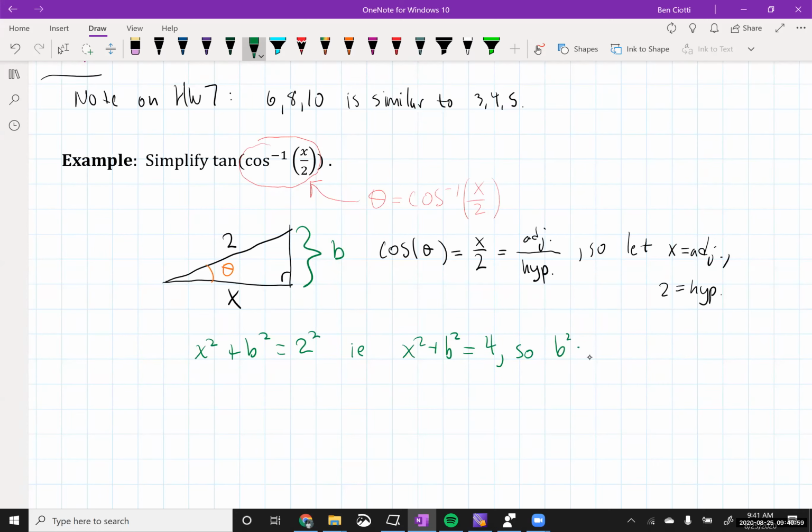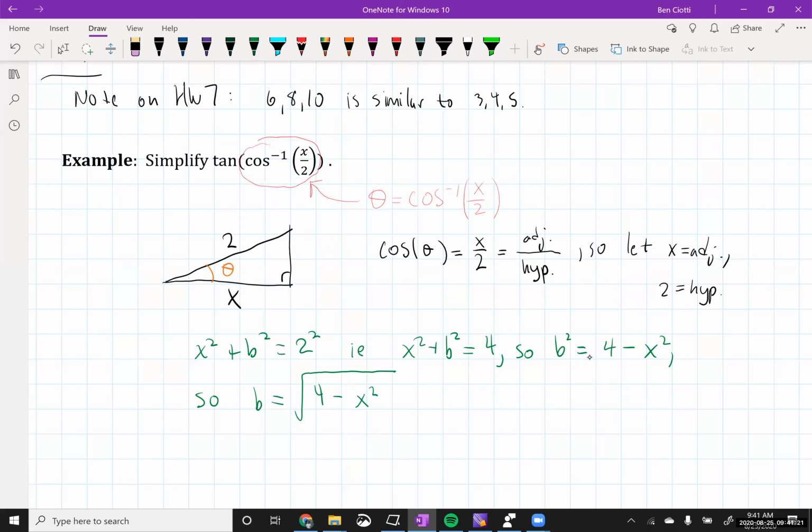So b squared is 4 minus x squared, so b is the square root of that. Everything's positive here in this triangle, so we don't have to worry about a plus or minus. So we find that b is the square root of 4 minus x squared.